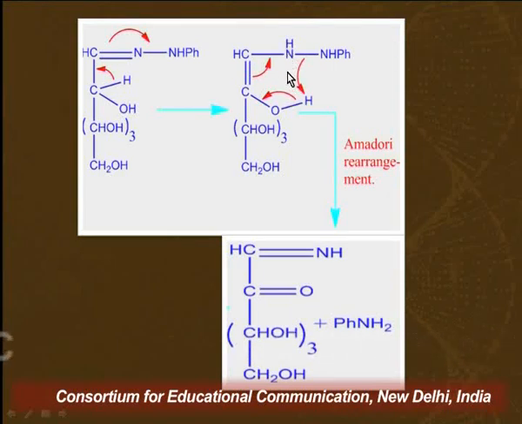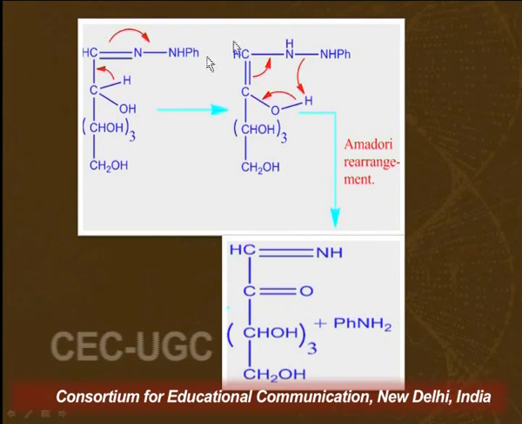So what happens in the next step is that this nitrogen will take the electrons from here, this bonding pair of electrons, and it will pick up a proton from here, and we find that the first molecule of aniline will be eliminated here.